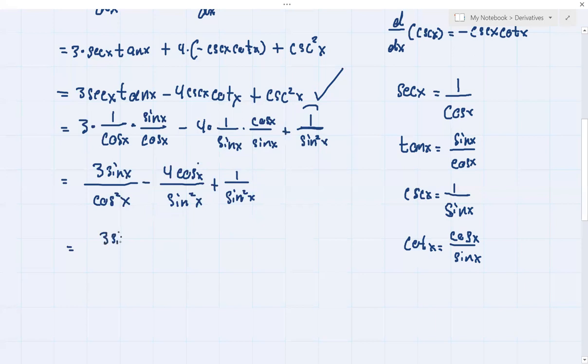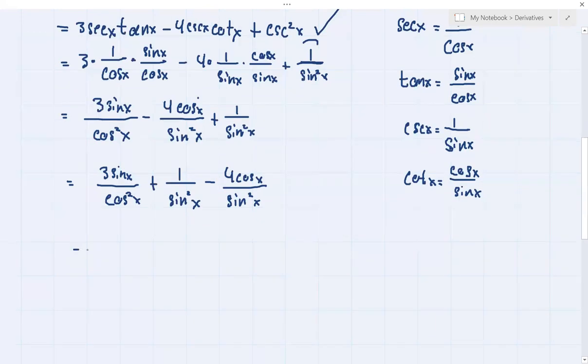So, we have 3 times sine x all over cosine squared x. Then we have plus 1 all over sine squared x minus 4 times cosine of x. Okay, kumbaga nilagay ko lang yung negative sa dulo.